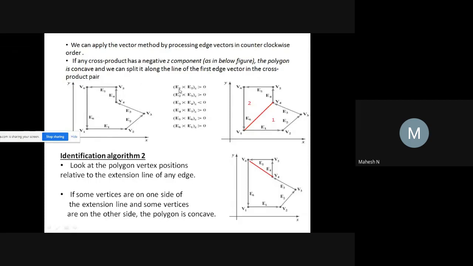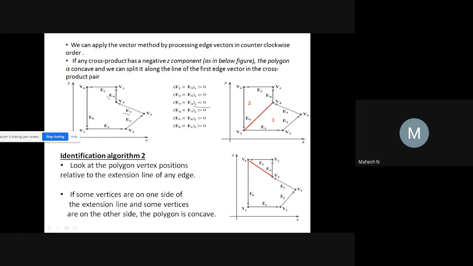First I have taken the E1 into E2 cross product, next I have taken E2 into E3, next E3 into E4. Whenever I go on calculating this cross product, I came to know that the E3 and E4 cross product, these two edges cross product, turned out to be less than 0.